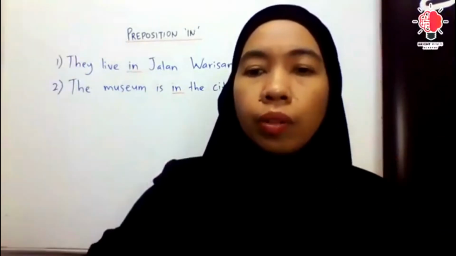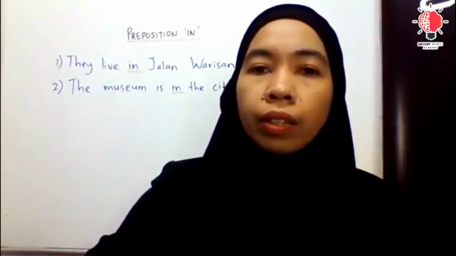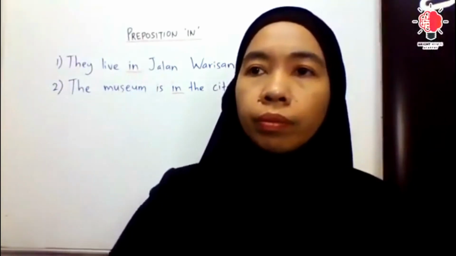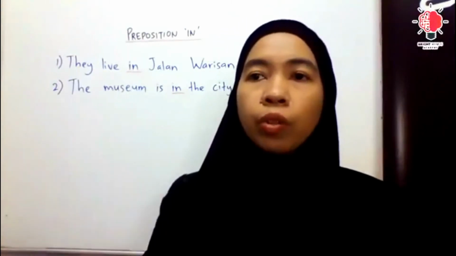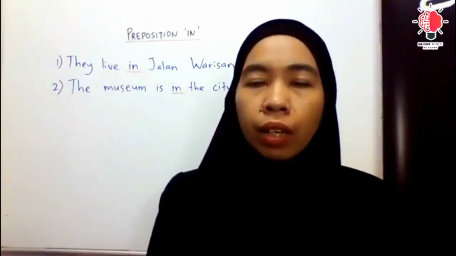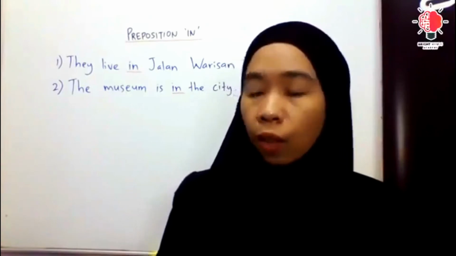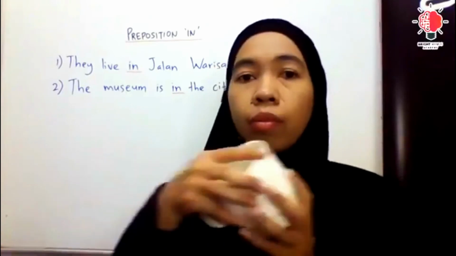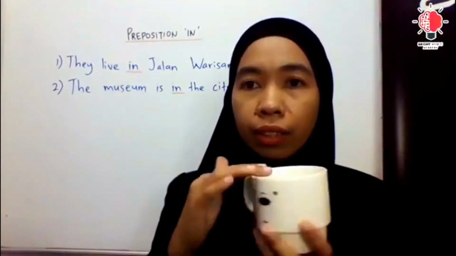Okay, so that is in. All right. So sometimes we need to use preposition in, but the edges are not clear. Like I said just now, for example, my cup or my mug has clear edges, right?